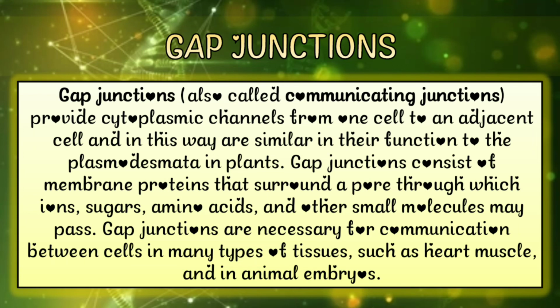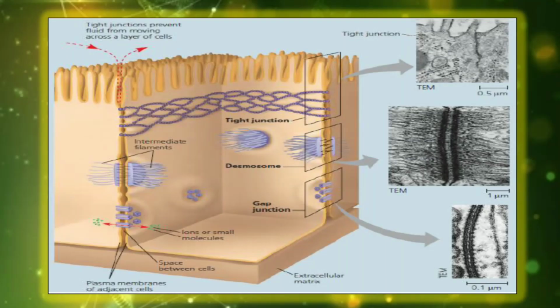Gap junctions consist of membrane proteins that surround a pore through which ions, sugars, amino acids, and other small molecules may pass. Gap junctions are necessary for communication between cells in many types of tissues, such as heart muscle and animal embryos.